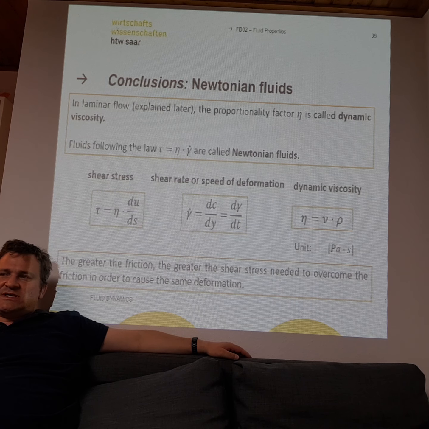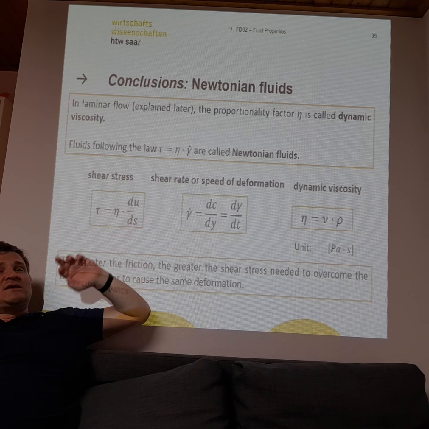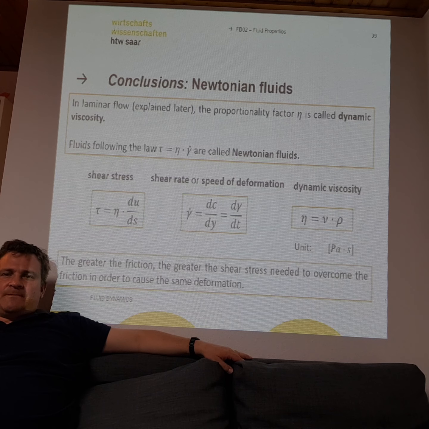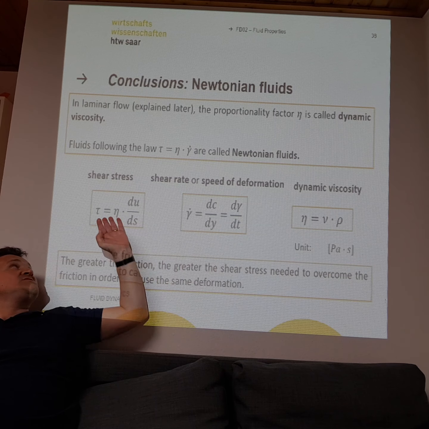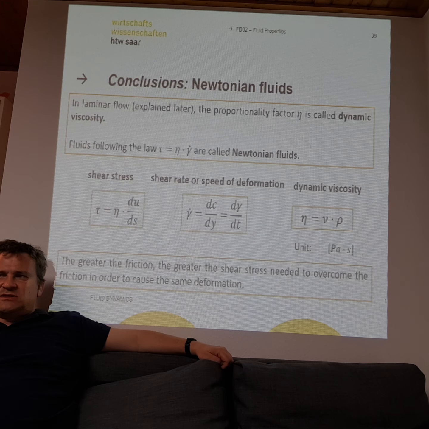The shear stress is inside the fluid. So the shear stress depends in a linear behavior on the gradient, and this is described by only one value. If this is fulfilled, we have a Newtonian fluid.